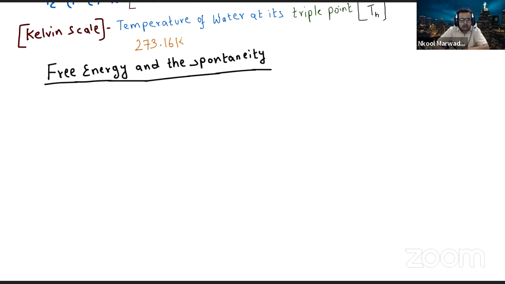We have already seen one very important equation that says that the total entropy change is equal to the change in entropy of the system plus the change in entropy of the surroundings.